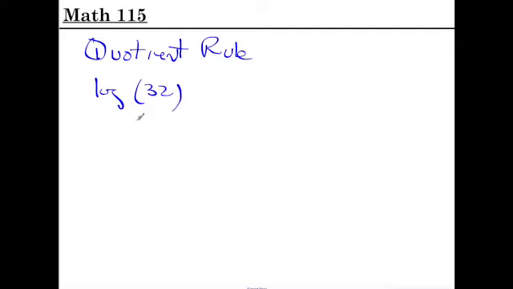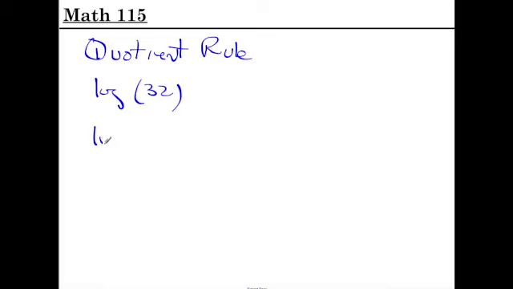So instead of the product rule, then we have the alternative to that, which is the quotient rule. So I'm going to write that down. Quotient rule. And that kind of tells us something similar to the product rule, but the inverse of that. The quotient rule says that if I have a number like 32 again, right, so I might as well use 32. It's worked out really well so far. Okay, I can break this up into a division problem.